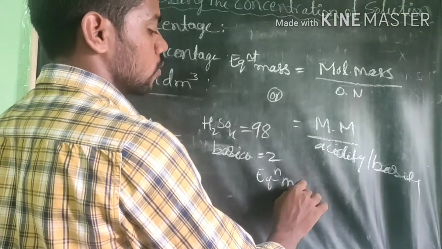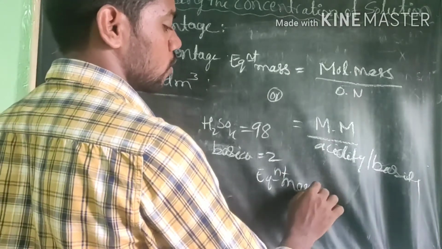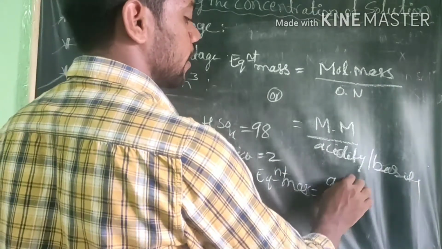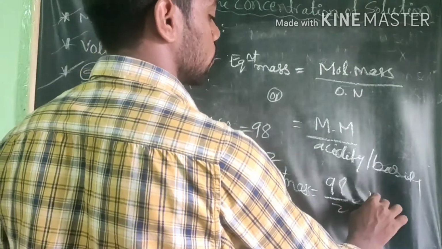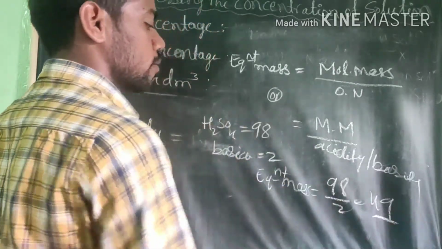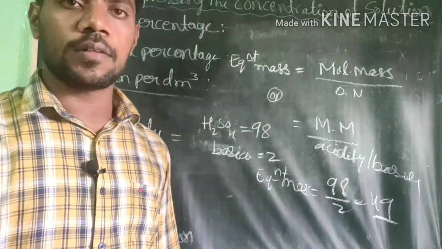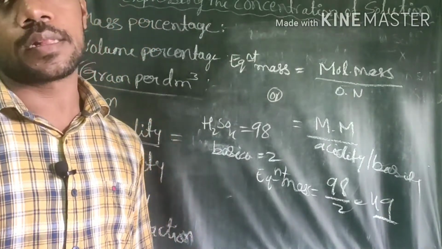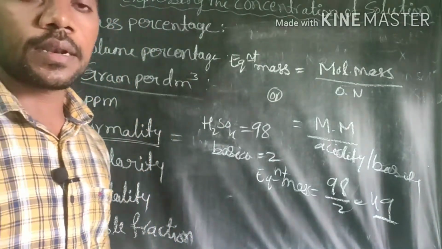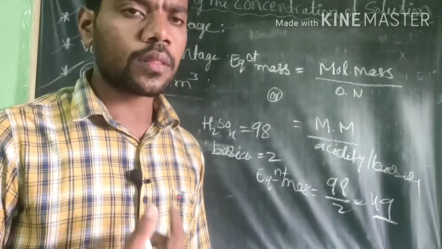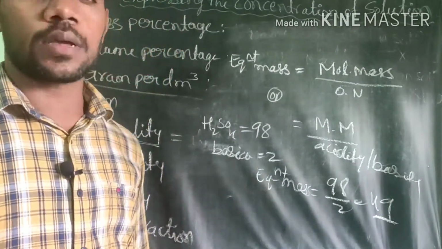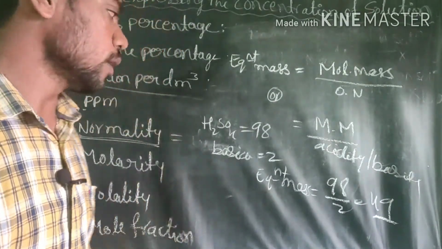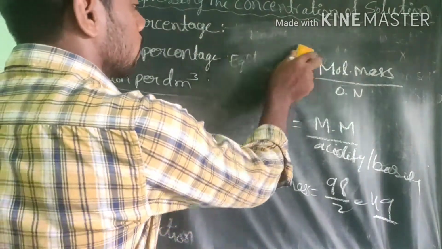Equivalent mass is equal to molecular mass 98 divided by 2, it gives us 49. This is the calculation of equivalent mass. Okay, I will tell you the next one.